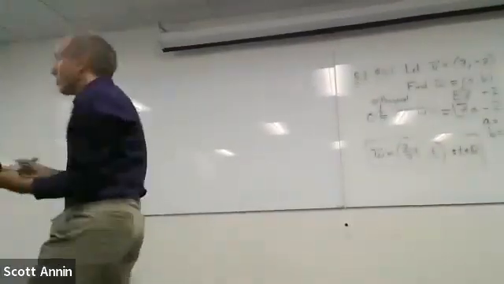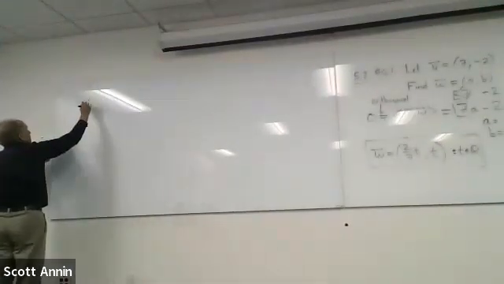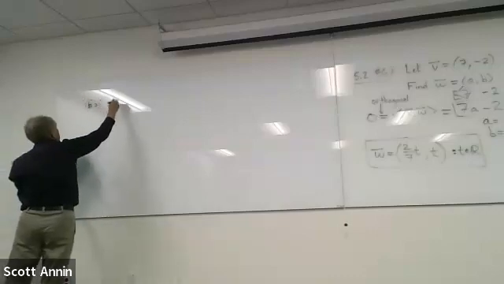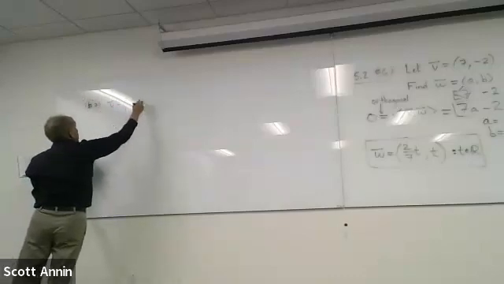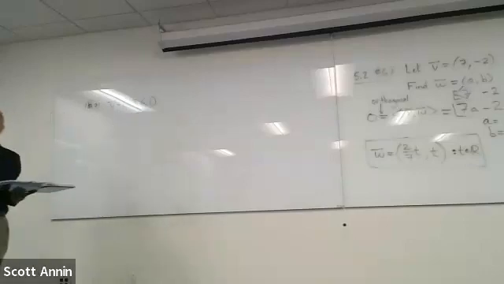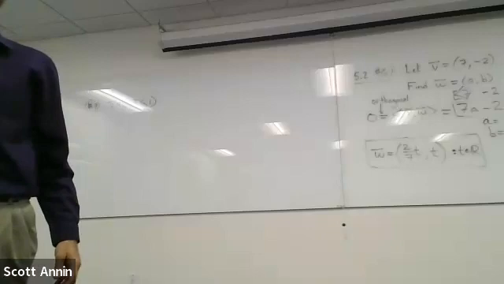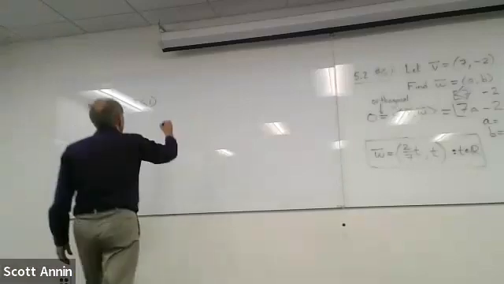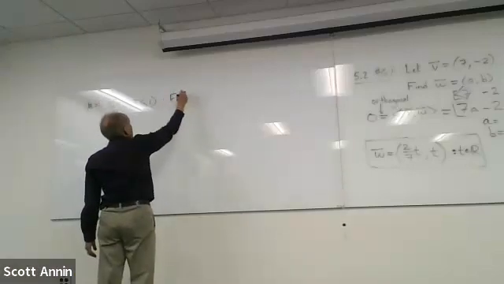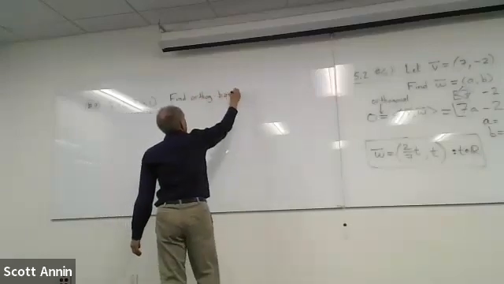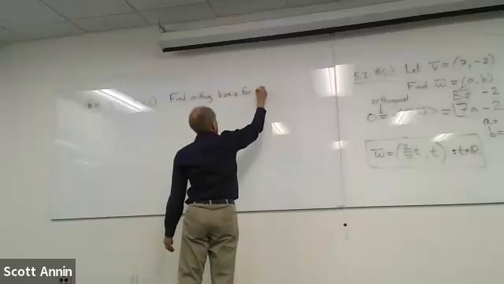So number 7, this time they give you the vector (-3, 6, 1). And they want you to find an orthogonal basis for R3 this time.